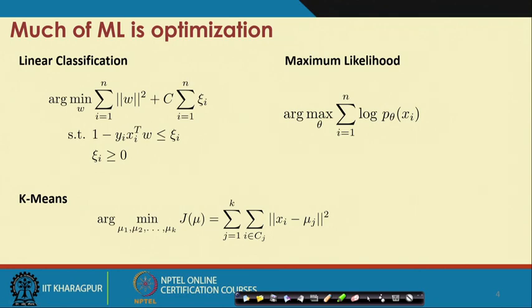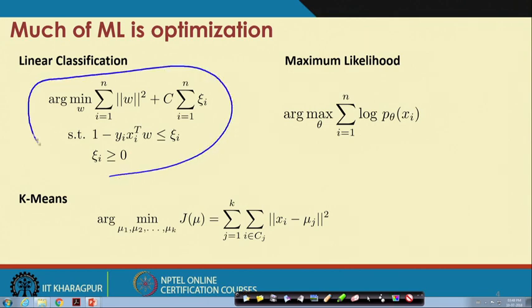So we have already seen this. Much of machine learning is optimization. For example, linear classification. The first problem we are looking at here is linear classification with support vector machines.